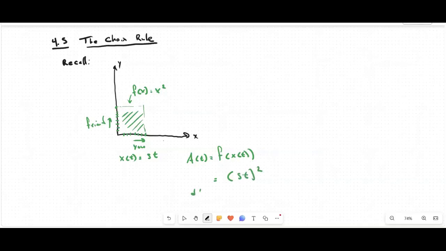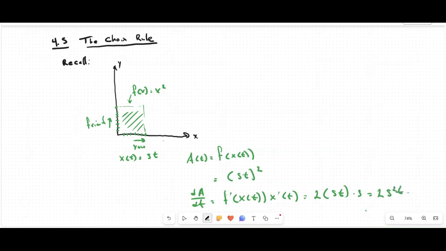And then by the chain rule, if you wanted to know dA/dt, you would use the formula f prime at x of t times x prime of t. Or this is the same as differentiating the outside, 2 times s of t, times the derivative of the inside, which is s, so 2 s squared t.